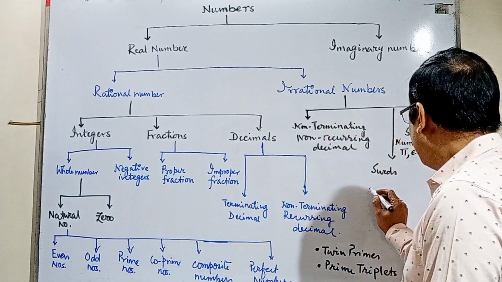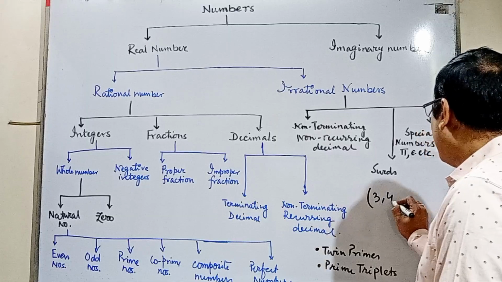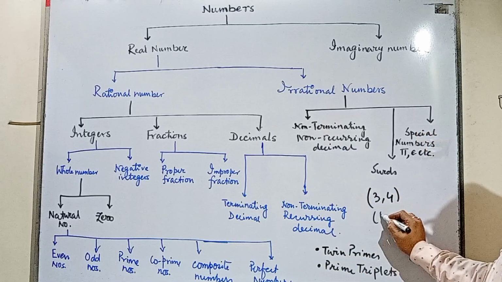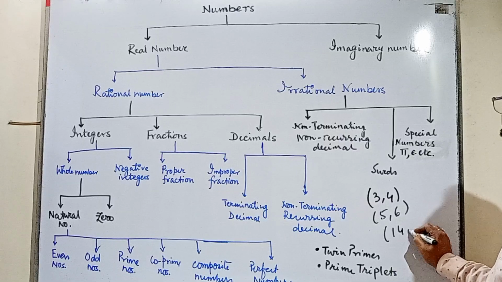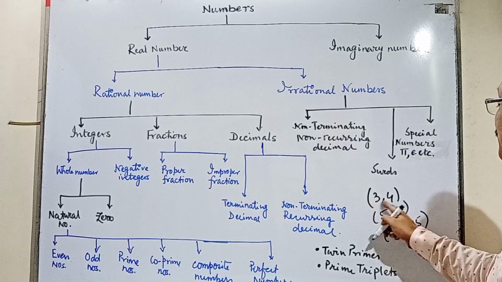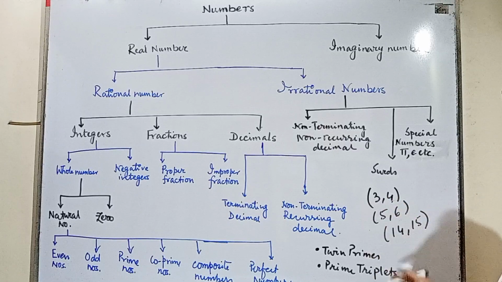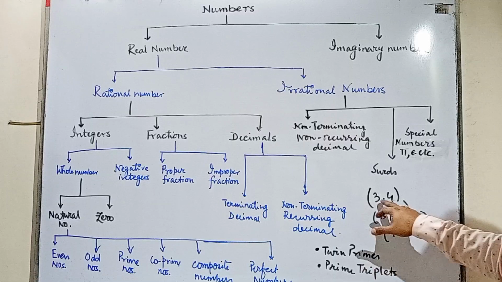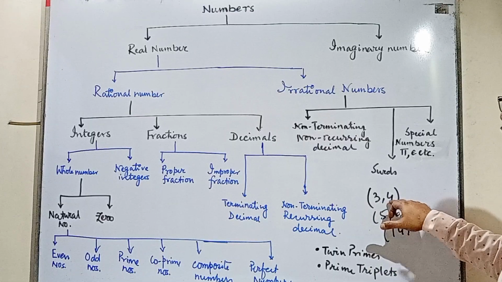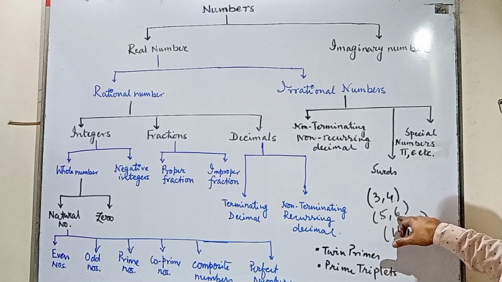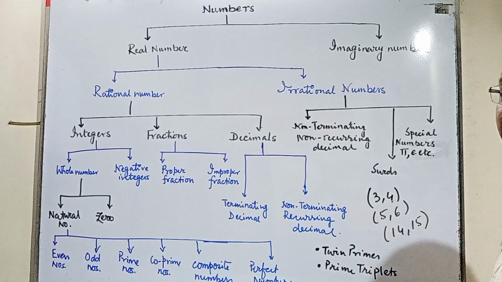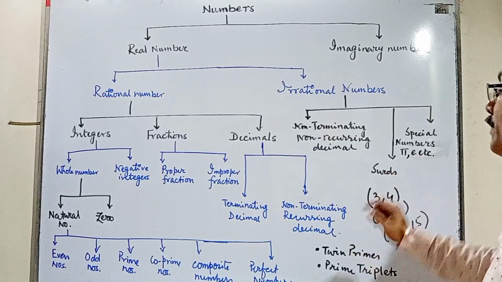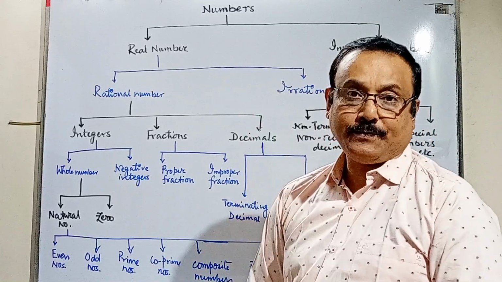Say 3, 4, 5, 6, 14, 15. Between these pairs, they have no common factor other than 1. 3 and 4: 4 can be factorized as 2 and 2. 5 and 6: 6 has factors 2 and 3. But between them, they don't have any other factor other than 1. There is no common factor. These sort of numbers are called co-prime numbers.